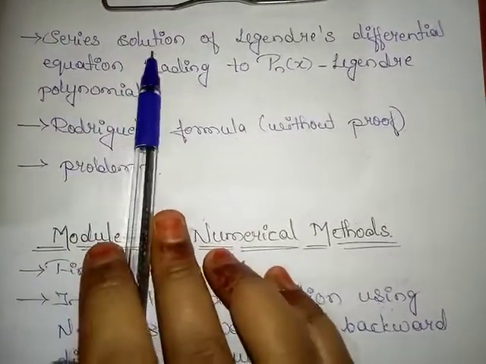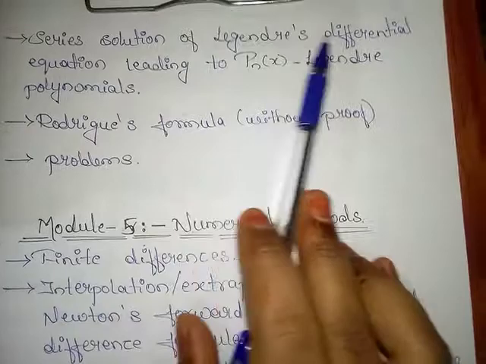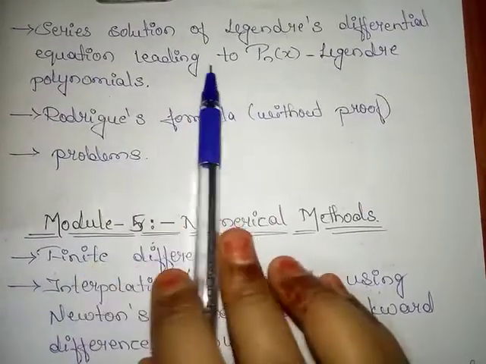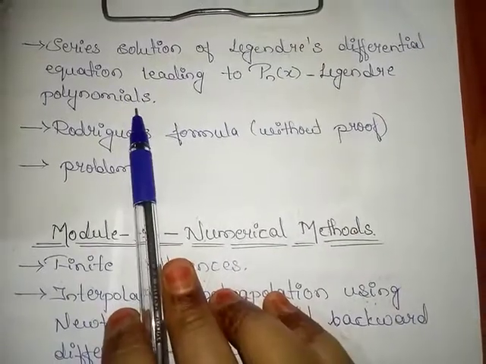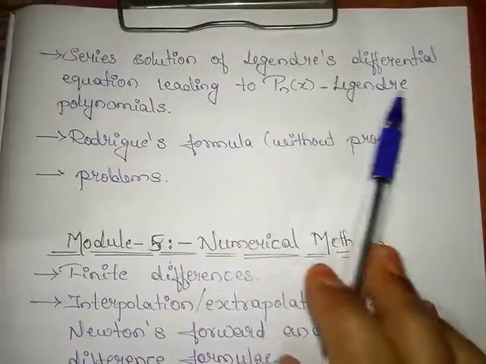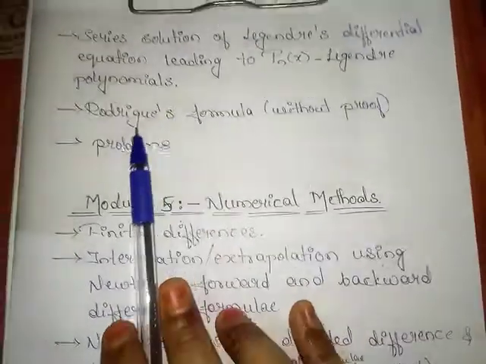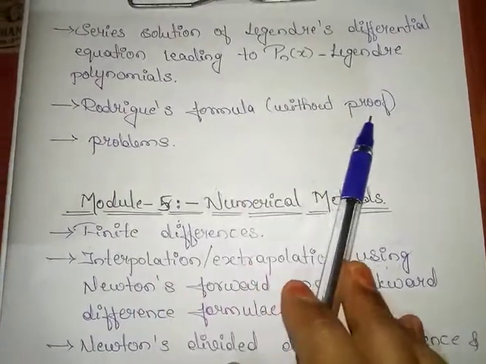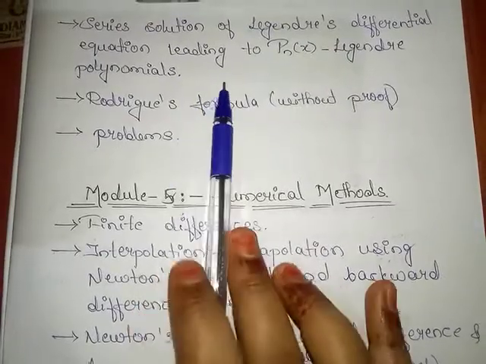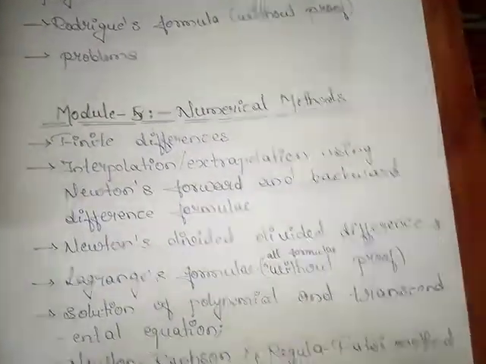Next is series solution of Legendre's differential equation leading to Pn of x, which indicates Legendre polynomials. Next is Rodrigues formula, which is without proof, and problems on the above concepts.